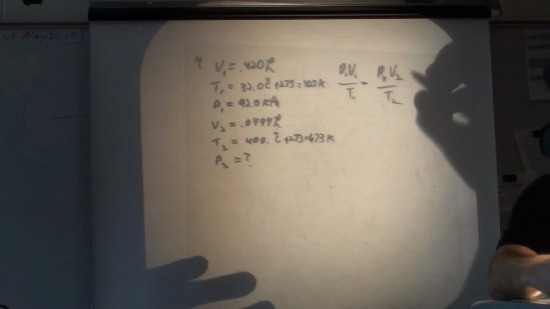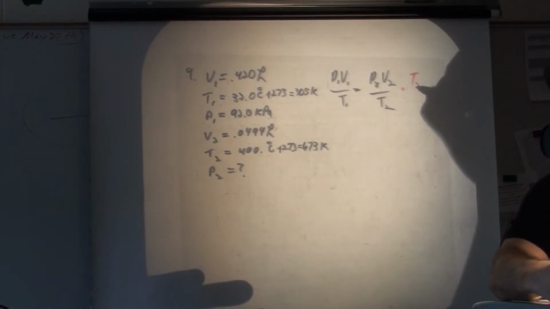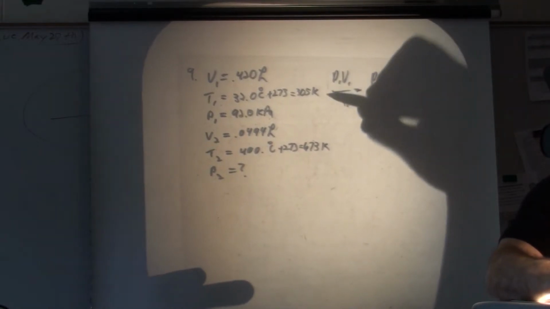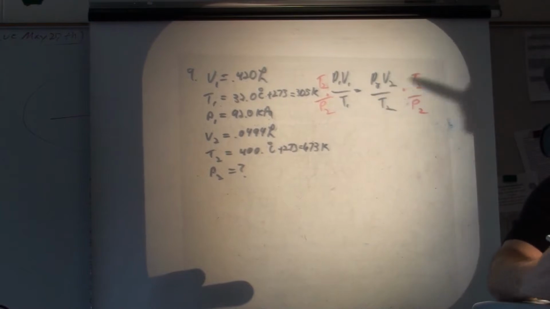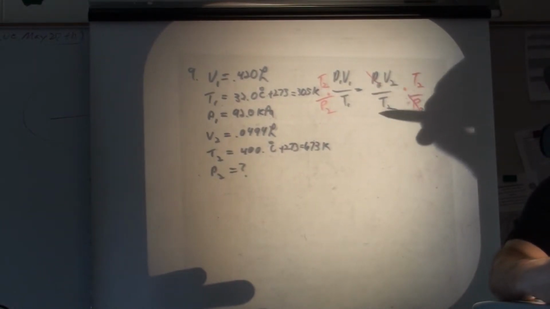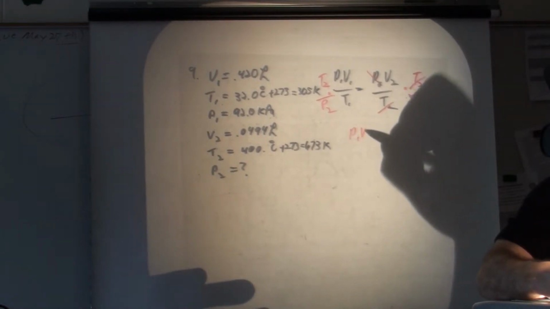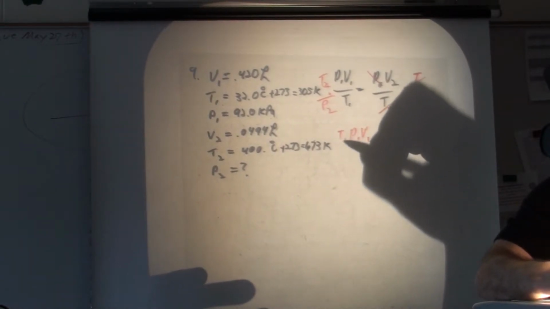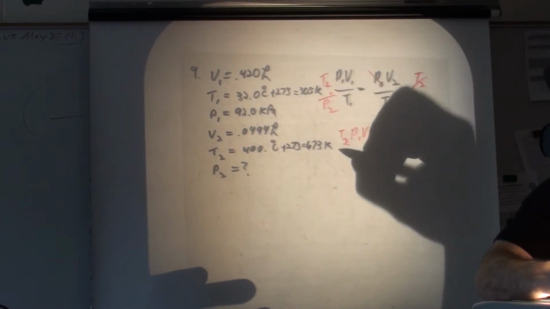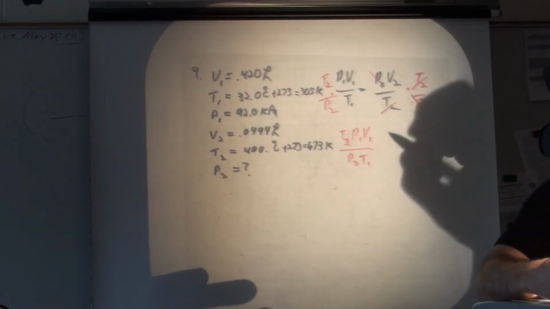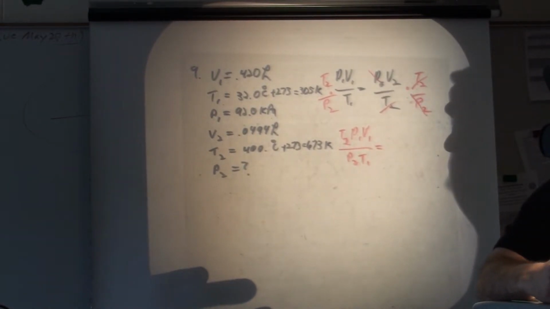And the fastest way to do this is multiply by T2 over P2. Because then the P2's cancel, the T2's cancel, and then I'd be left with T1 over T2 times P1 times V1 over P2 times T1 is equal to, we want P2.